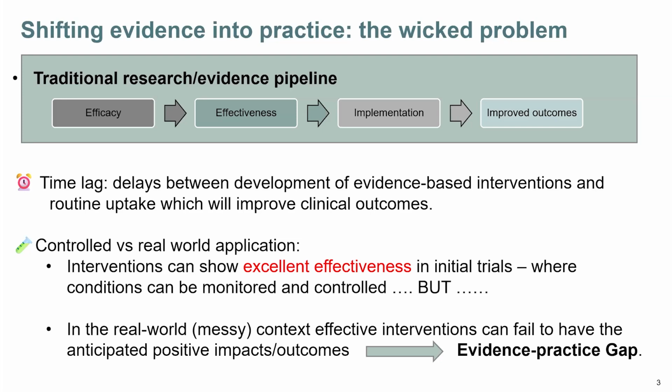But when we move into the real world, where things are messy and there are lots of competing interests and stakeholders, even very effective interventions under controlled conditions can fail to have the types of positive impacts that are anticipated. This is where we often see an evidence practice gap. Sometimes the evidence isn't translated at all, but sometimes we attempt to translate it into practice and still don't see the positive outcomes that we hope for.